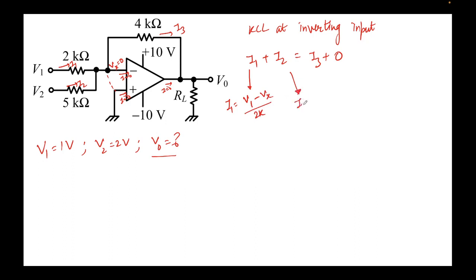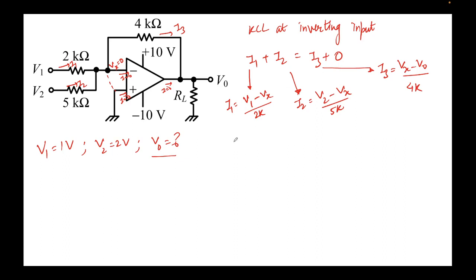I2 can be written as (V2 minus Vx) upon 5k. This is 5k, this is given. I3 is (Vx minus V0) divided by 4k. Very simple.